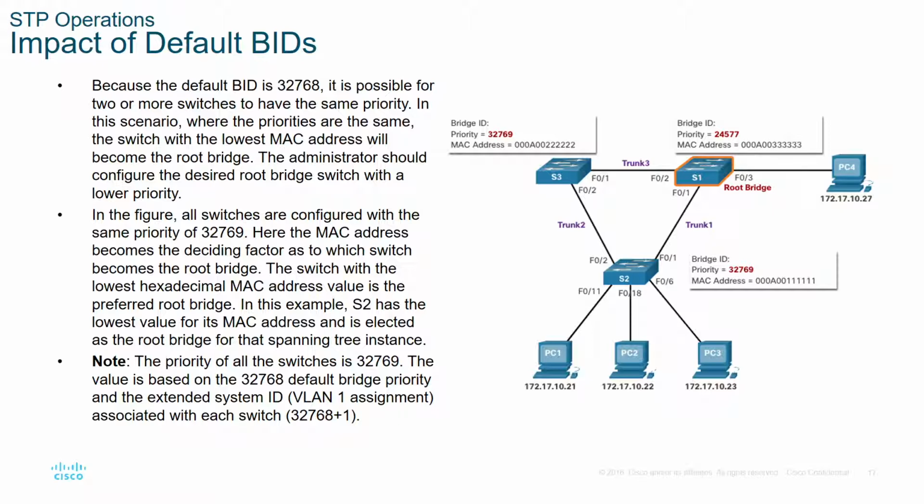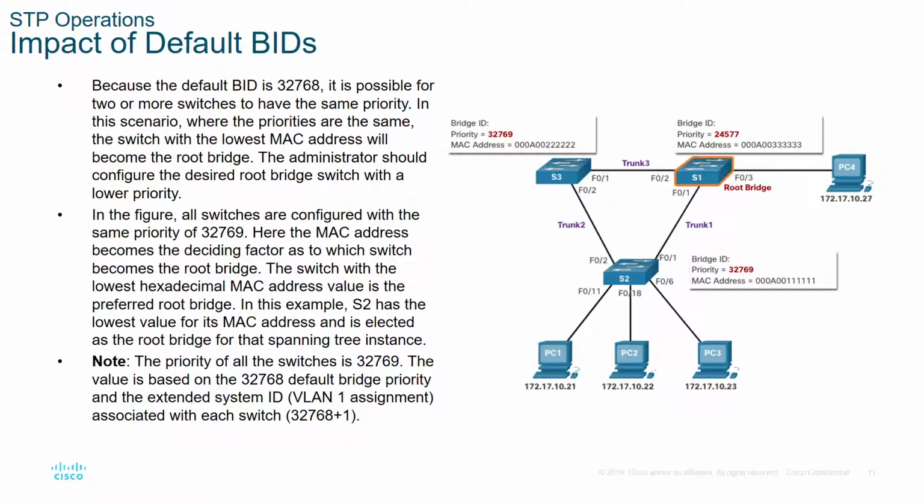Anyway, so you can control the priority, and you should lower it for the one you want to be the root bridge. So although they work things out for themselves, as an administrator, obviously you can maintain control and you can set things up. So in the figure, all switches are configured with the same priority of 32,769. Here the MAC address becomes the deciding factor as to which switch becomes the root bridge.